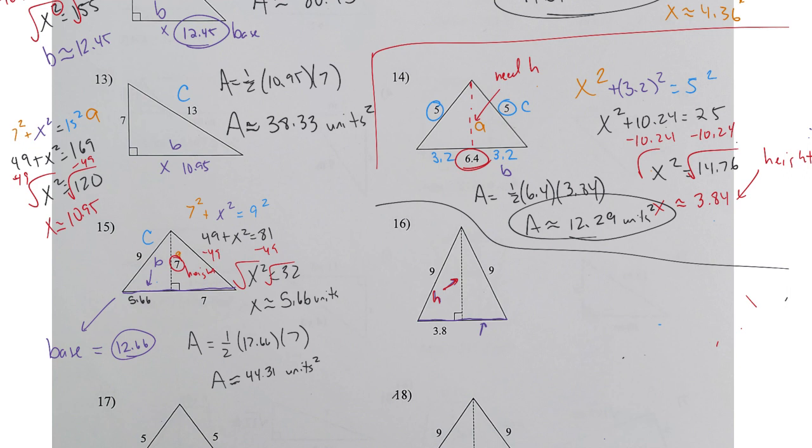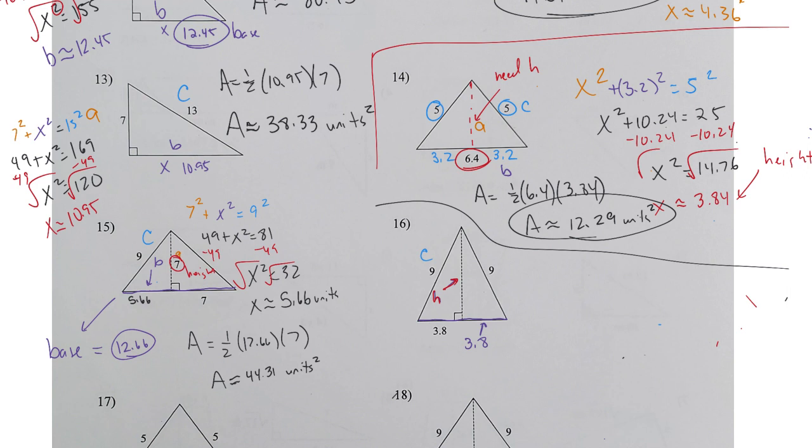We need the whole purple piece, base. Now I'm going to use the same idea we did earlier on number 14 to say that this is 3.8. You would have to know some stuff about isosceles triangles to be able to do that. I do. So we already know the whole base, but we need to find the height. So the height, C is 9.